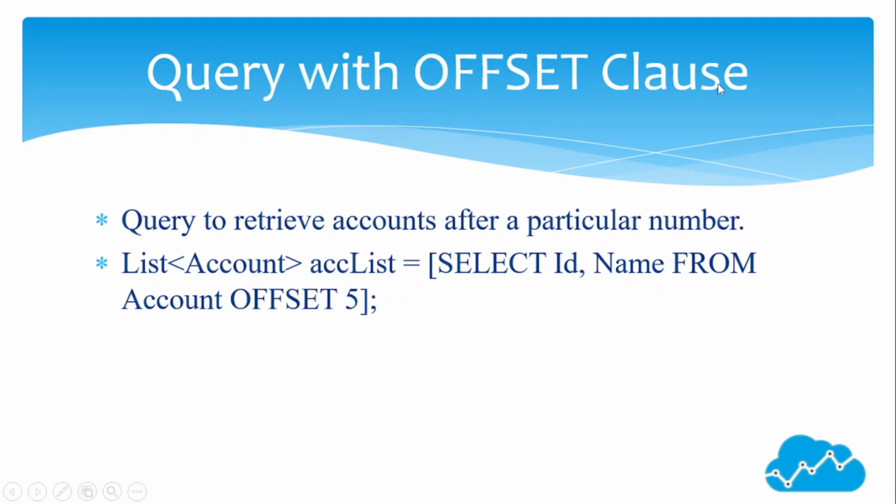Query with offset clause: query to retrieve accounts after a particular number. List<Account> accList = [select id, name from account offset 5]. It means it is going to display the records after the fifth record.